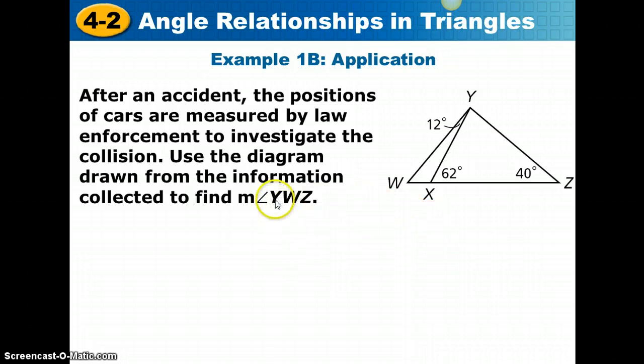Similarly, we can find the measure of angle YWZ. Since we know this is 40 degrees, I just found this angle measure to be 78 degrees. We can add that to this 12-degree angle.